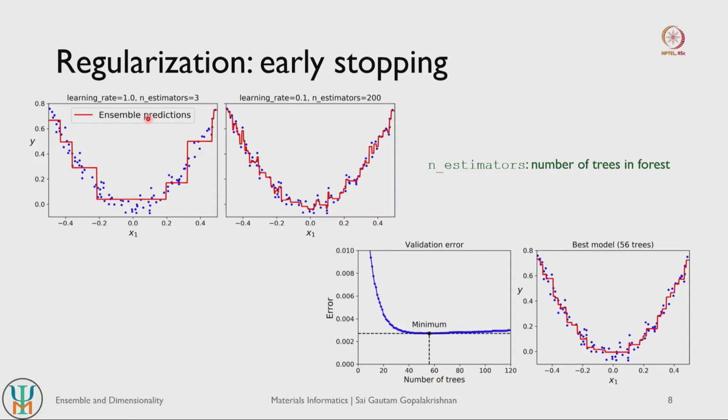If you do this exercise for this simple regression problem, we see that the most optimal model is with 56 trees. With 56 trees, we are roughly recovering the parabolic nature of our data points. So early stopping on the validation set is almost always used in ensemble models, especially random forests, to identify the optimal models.